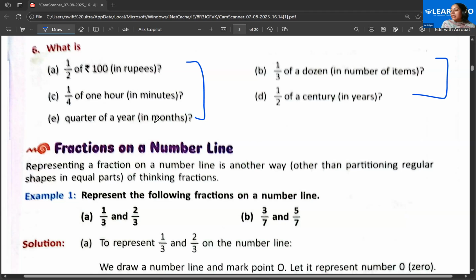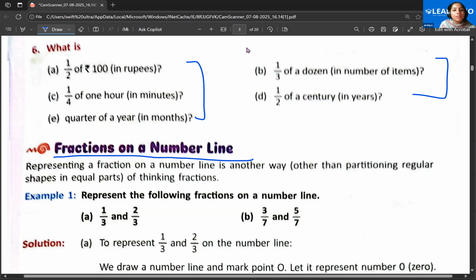Okay, so I was saying that the next topic is fractions on a number line. Have you done a number line before? Do you know what is a number line? No, I didn't understand. Okay, so we'll do it again.